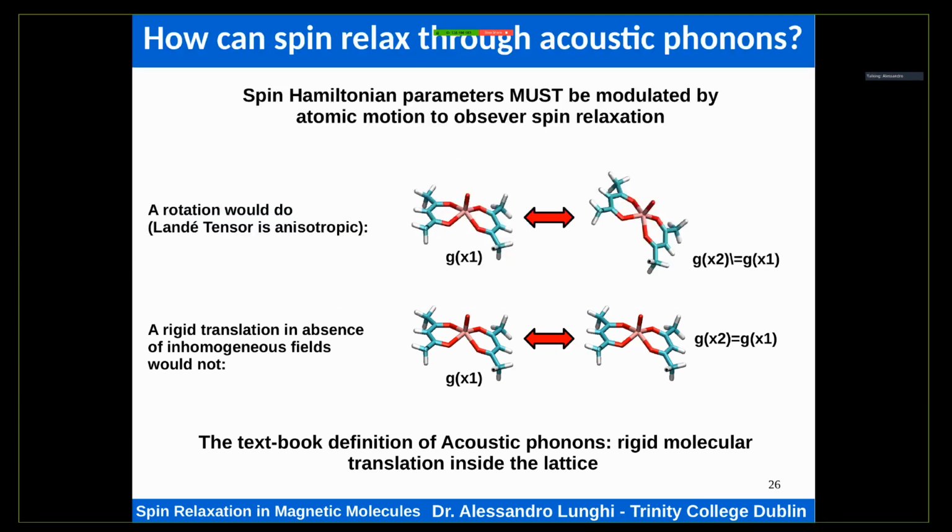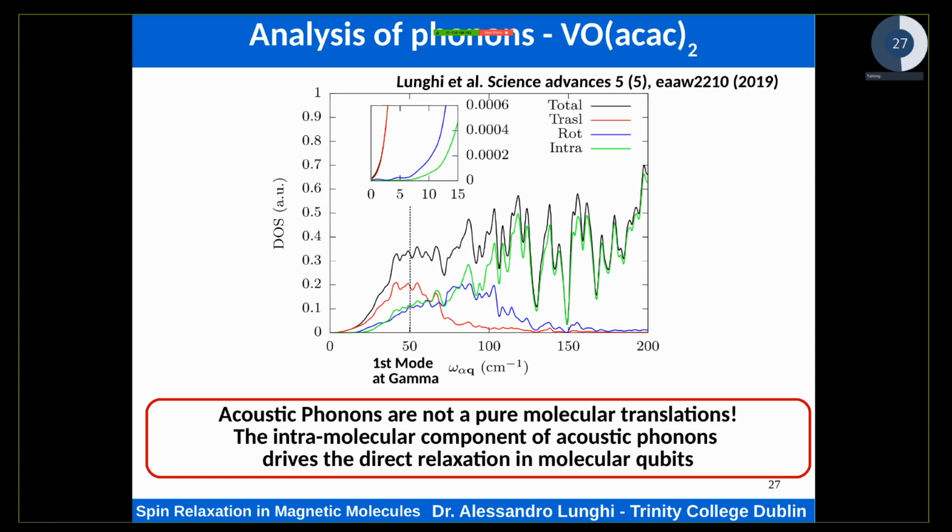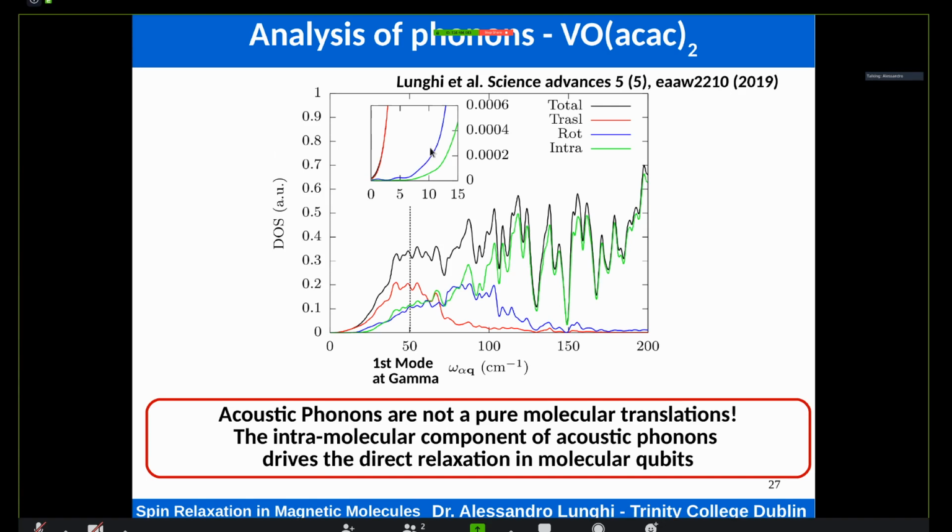To solve this issue, we analyzed the density of states of the phonons that you see here reported in black. We also decomposed this density of states into local translations, rotations, or intramolecular motions. And you see here that you can find these contributions also at very low energy, in particular at energies which are comparable to the Zeeman splitting we were observing before.